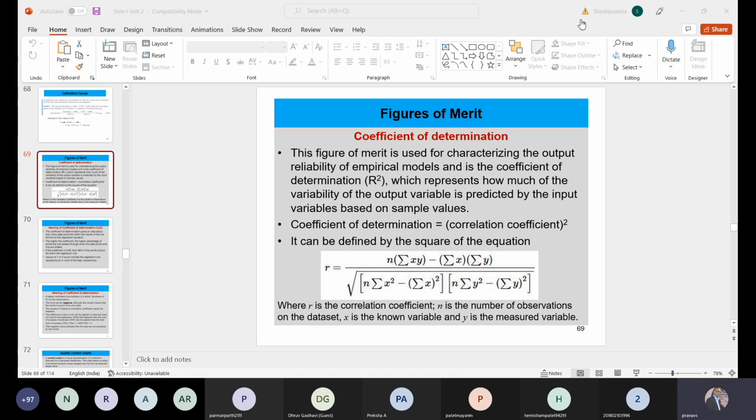That was what we did last time, and the value of R ranges between 0 and 1. Since we square the correlation coefficient, we say that it is on the positive side, from 0 to 1.